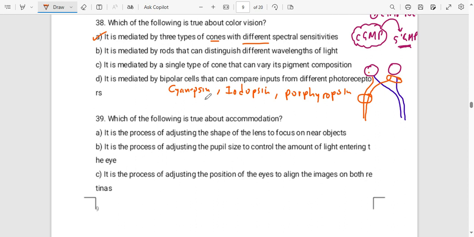So these are the ones: cyanopsin, which is responsible for blue color, iodopsin, which is responsible for green color, and erythropsin, which is responsible for red color.